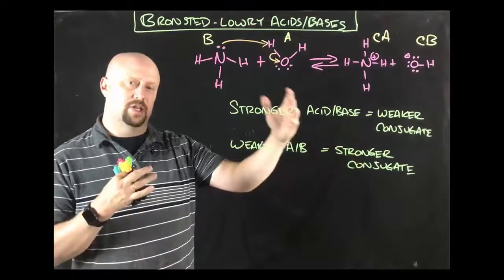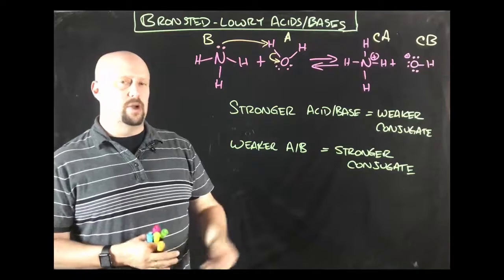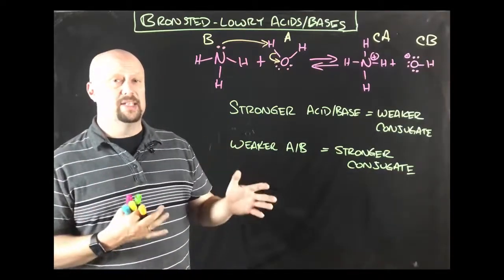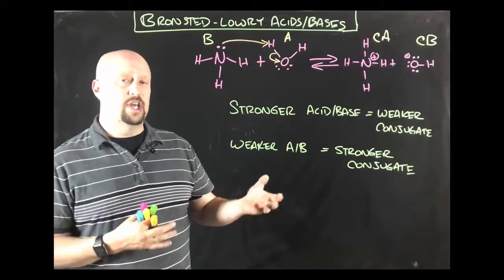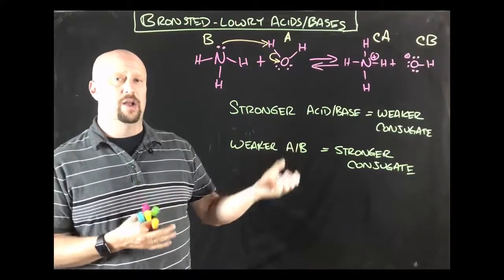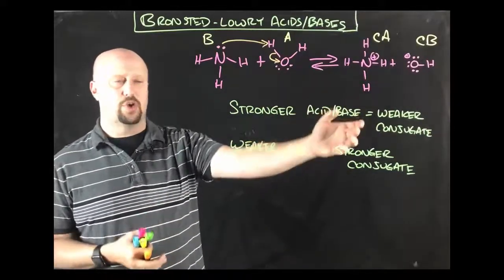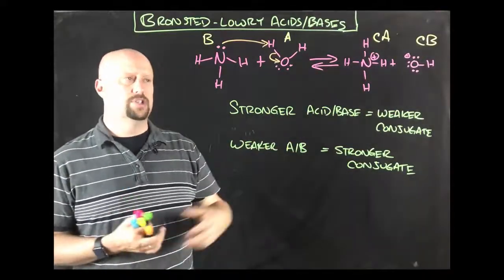If we went back and looked at the previous equation that we'd drawn and we had HBr, hydrobromic acid, that is a strong acid, and therefore its conjugate, the bromide ion, is going to be weak because it was a really strong acid, and therefore the conjugate is weak.